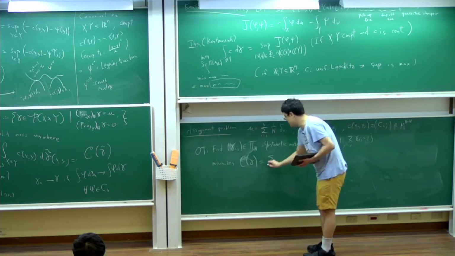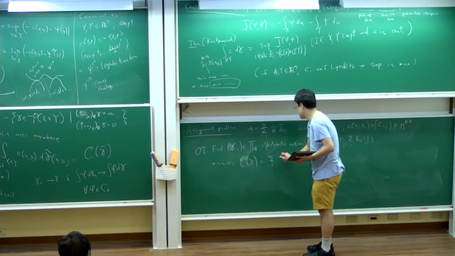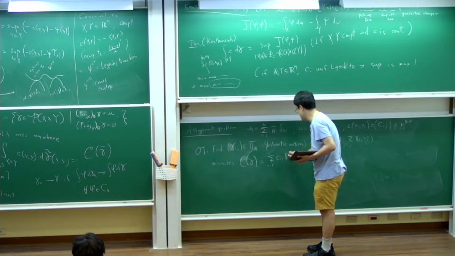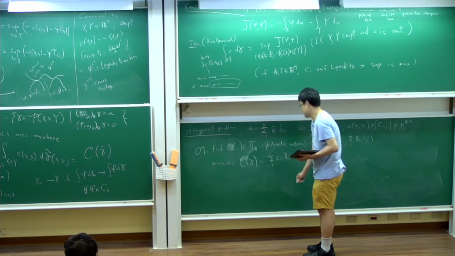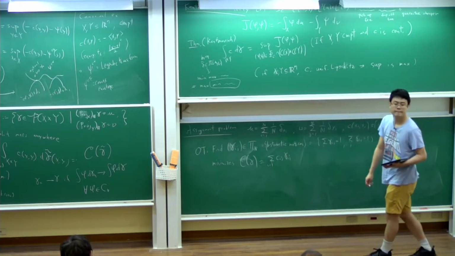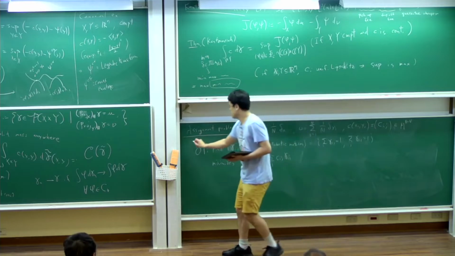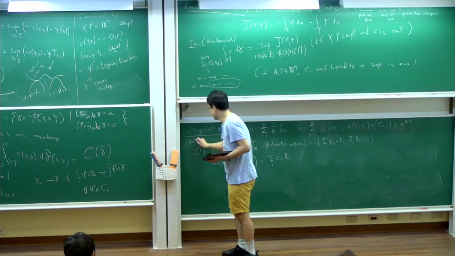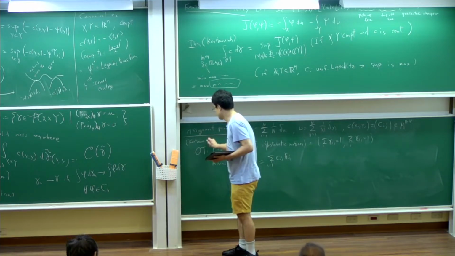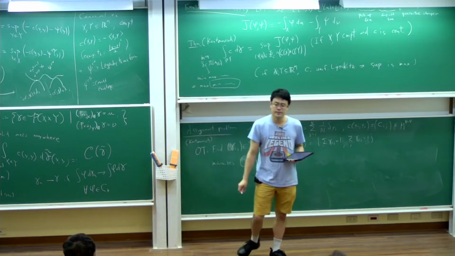So this is the sum over i and j, C_ij, gamma_ij. Right? So this is literally just the Kantorovich problem, in this discrete setting.